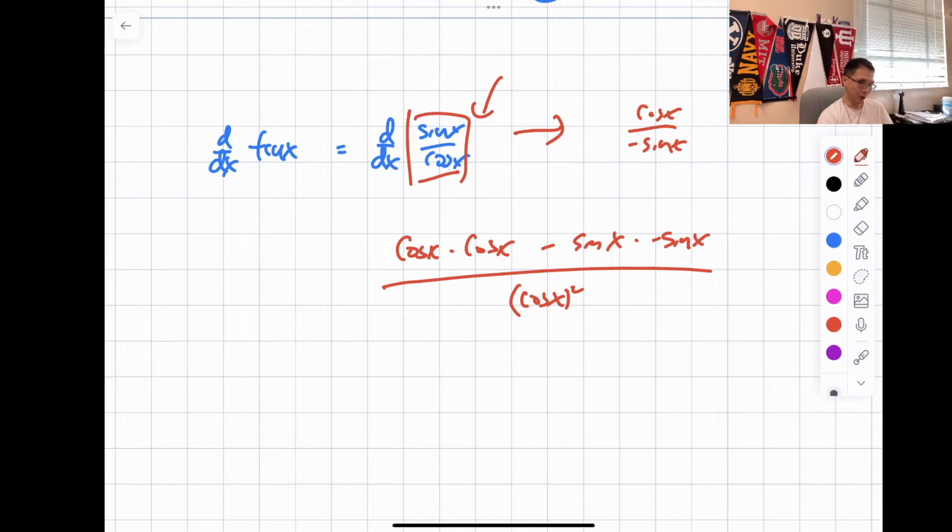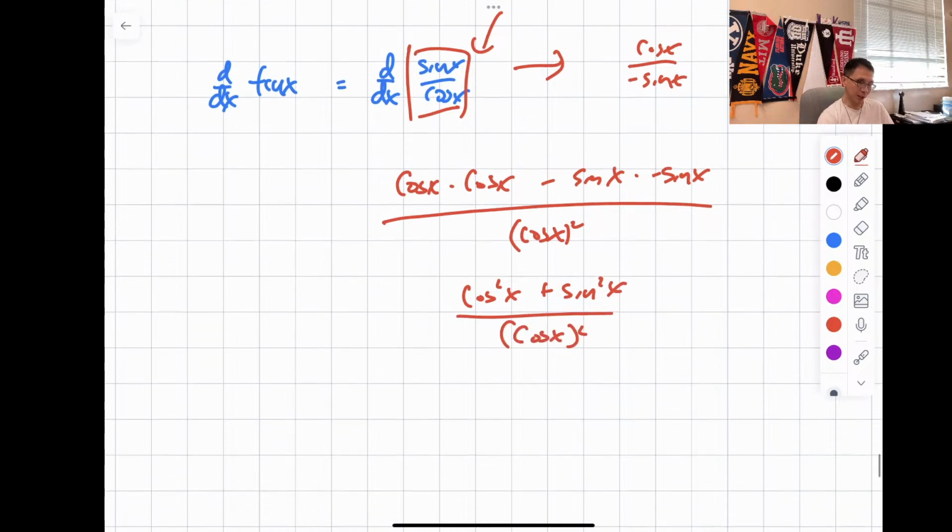So that's equal to cosine squared of x plus sine squared of x over cosine of x squared, right? That's equal to 1 over cosine squared of x. That's also equal to secant squared of x. Then you can plug in pi over 4. What is secant squared of pi over 4? Secant of pi over 4.